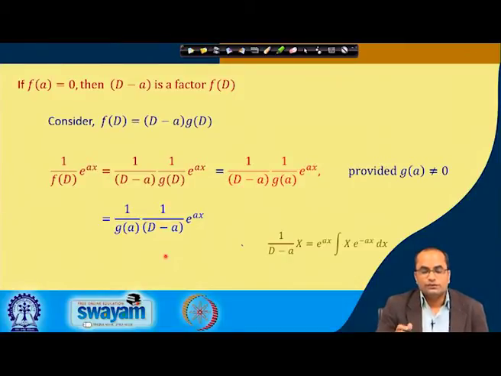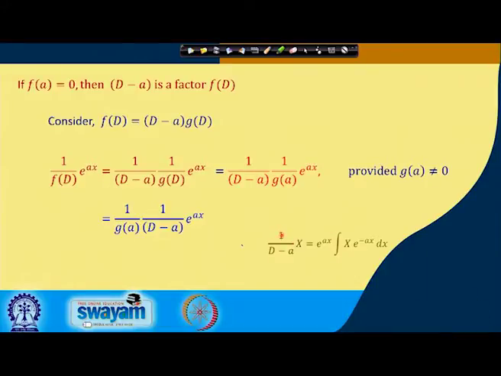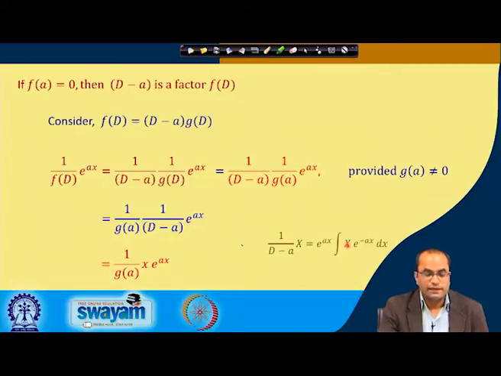Now, we will use the formula which was derived in general, that 1/(D minus a) X is nothing but e^(ax) integral of X e^(minus ax) dx. So, when we apply this, here X is e^(ax). So, e^(ax) and e^(minus ax) will cancel out each other, and we will have under this integral only the 1.